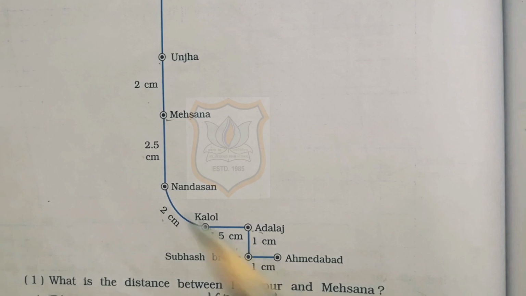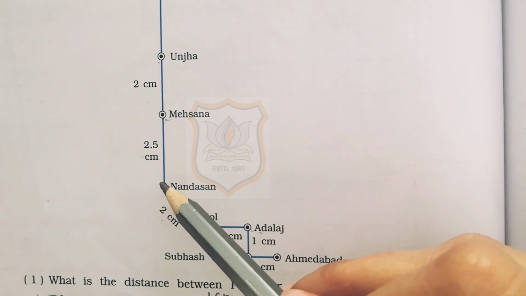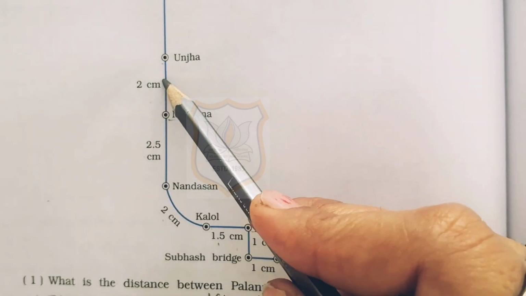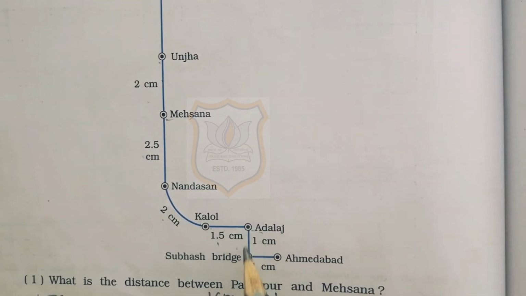Here in the map you can see the distance from Nandasan to Unja is 2.5 plus 2 cm and the distance from Kalol to Ahmedabad is from Kalol to Adalaj 1.5 cm, then Adalaj to Subhash Bridge 1 cm and from Subhash Bridge to Ahmedabad 1 cm.